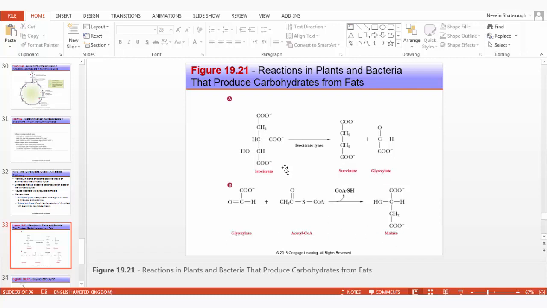So two molecules of acetyl-CoA are consumed. Now the two carbon units are then converted to oxaloacetate. Now glucose can then be produced from oxaloacetate by the so-called gluconeogenesis.